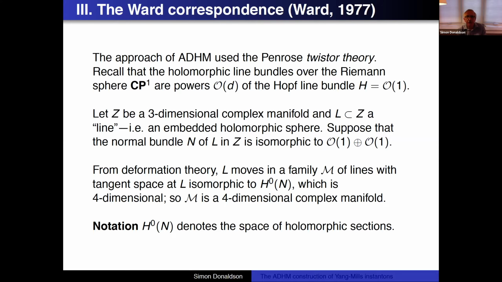So the sections of N have dimension 2 plus 2, which is 4. So this family of lines is a four-dimensional complex manifold.